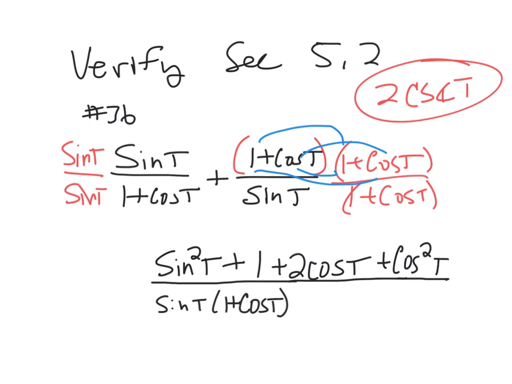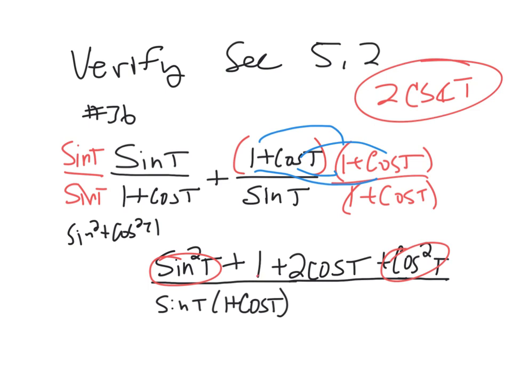So far so good. Then I'm noticing I've got sine squared plus cosine squared. Well, I know from one of those Pythagorean identities that sine squared plus cosine squared equals 1. So I can replace this and this plus that with 1.